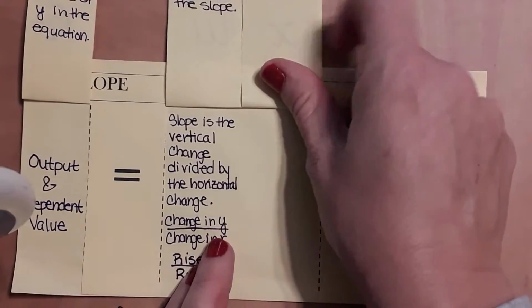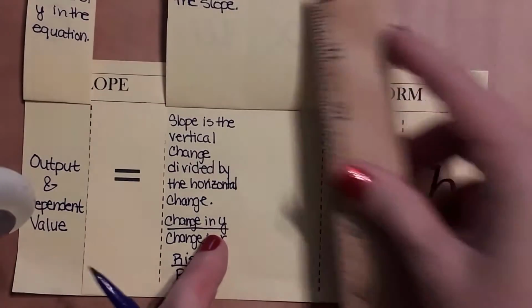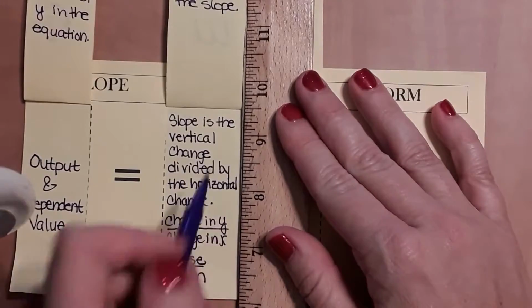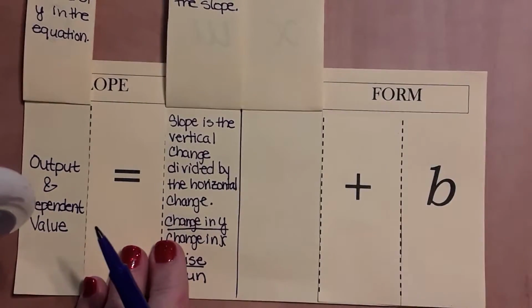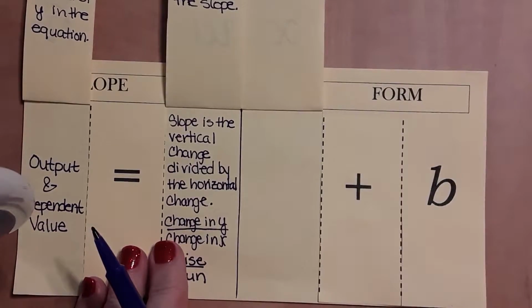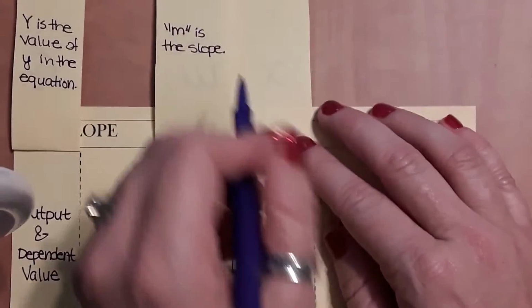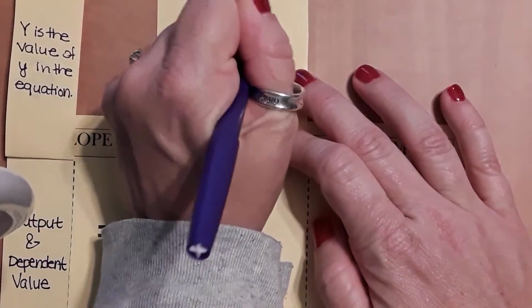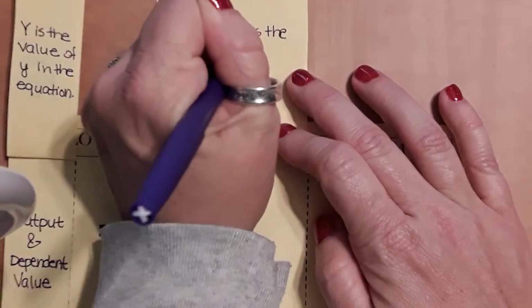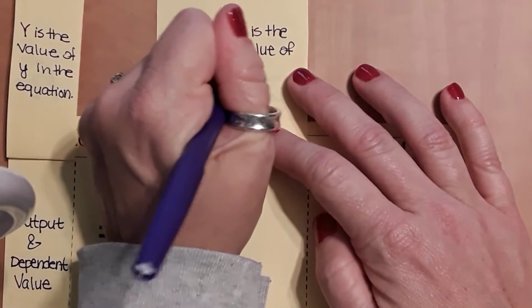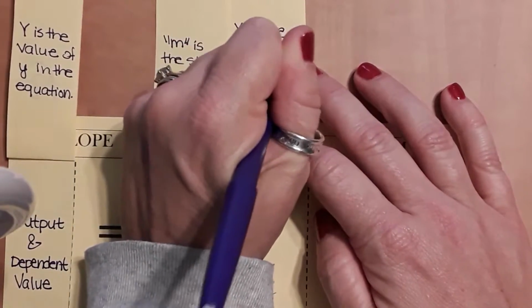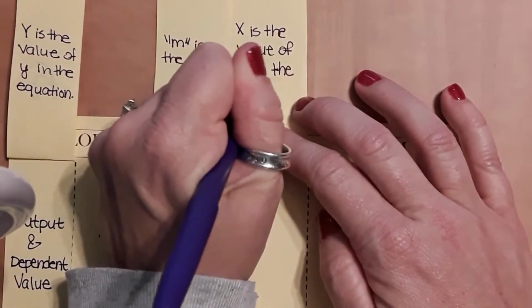Okay? All right, let's move on to our x. If you'd like, you can draw a line between the two just so that you don't confuse them. X, just like y, x is the value of x in the equation.